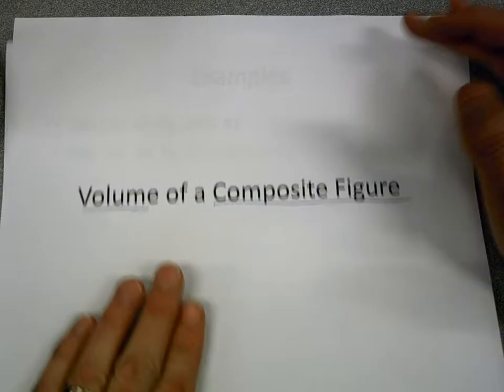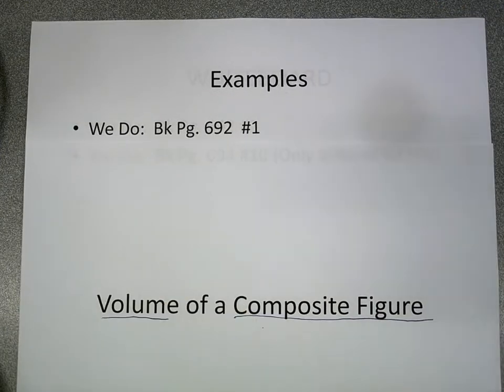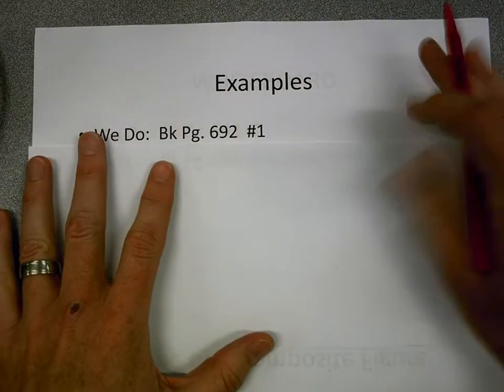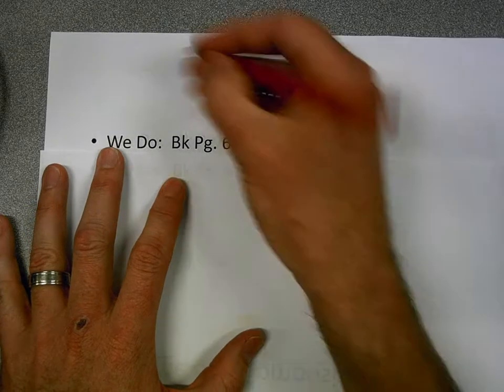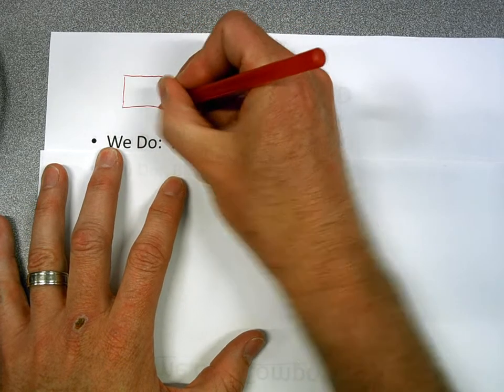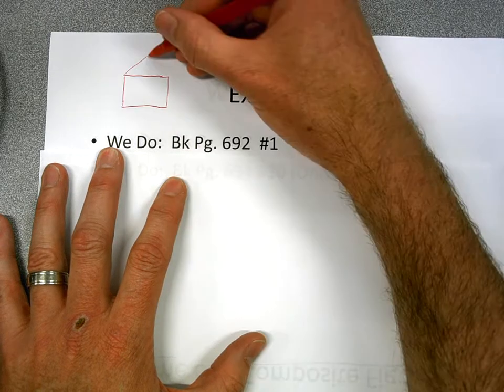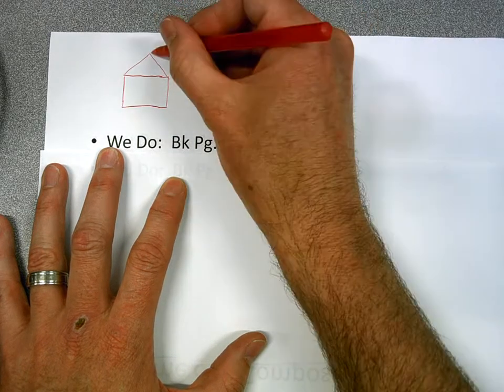Let's go ahead and let's take a look on 692. And let's check out problem number 1. Okay, so on problem number 1 on 692, could have a little sketching here of that. Looks kind of like this.